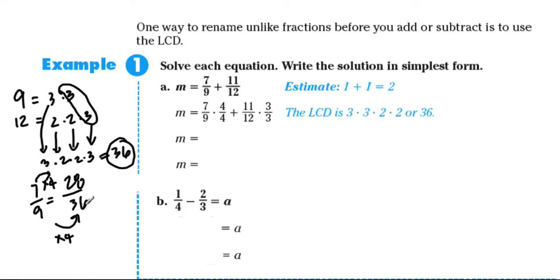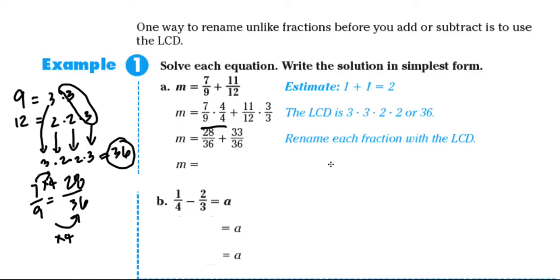So this becomes 28/36, and that's how this came about. What's an equivalent fraction of 11/12 with the denominator of 36? That would be 33/36, because like what we did here, we multiplied 11 by 3 and 12 by 3 to get 36 as a denominator.